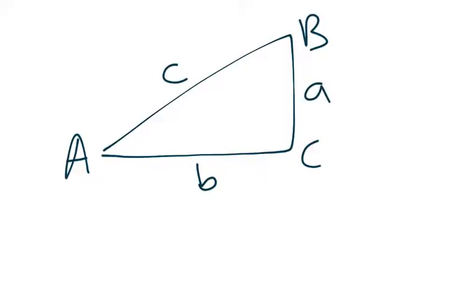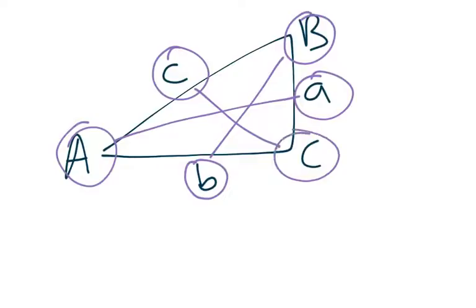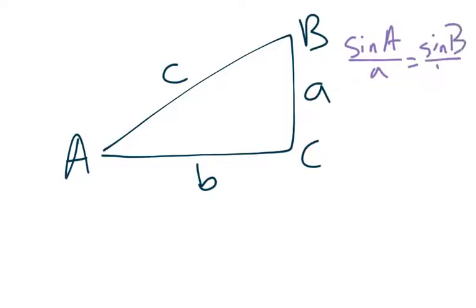Remember, the law of sines connects a side opposite with its angle, and that's equal to the other side opposite its angle, which is equal to the other side opposite its angle, which we write as the sine of A over a equals sine of B over b equals sine of C over c.